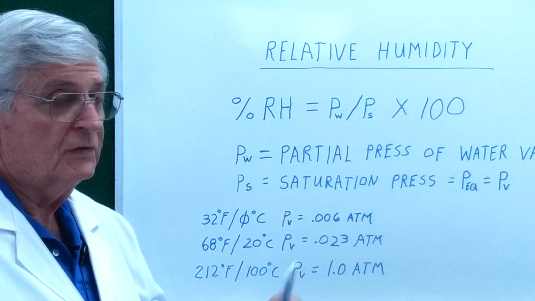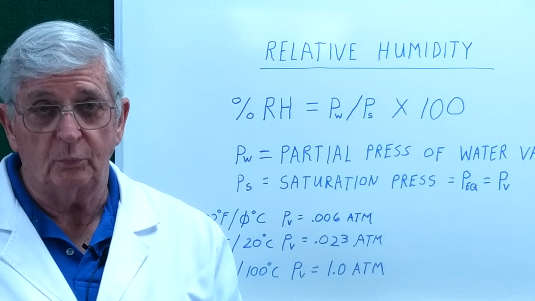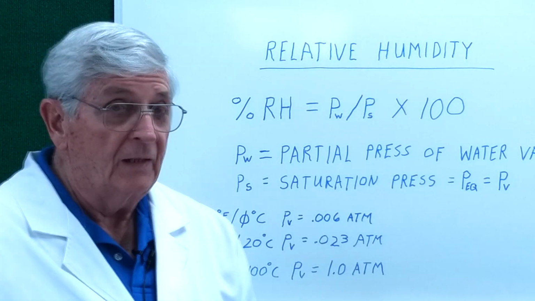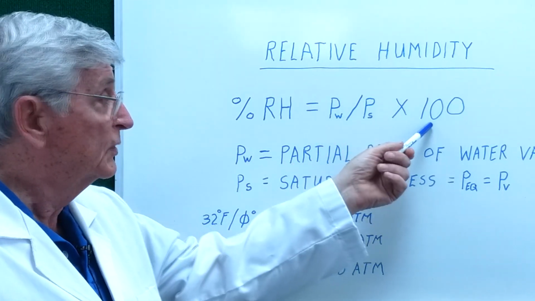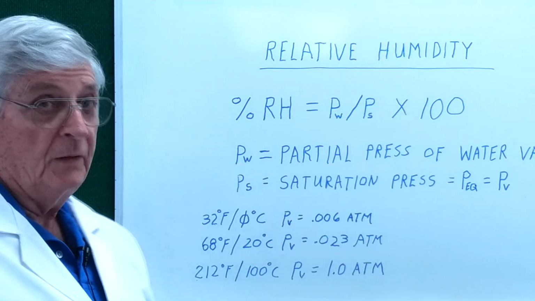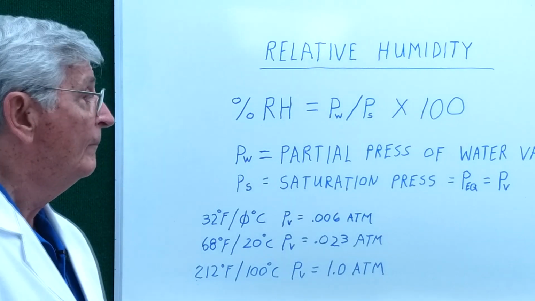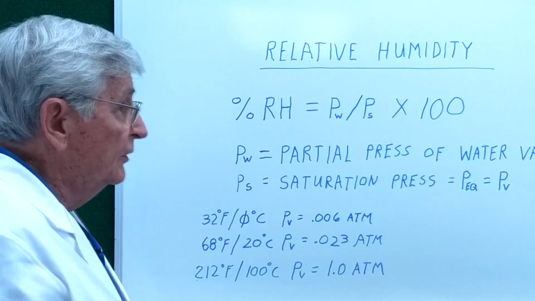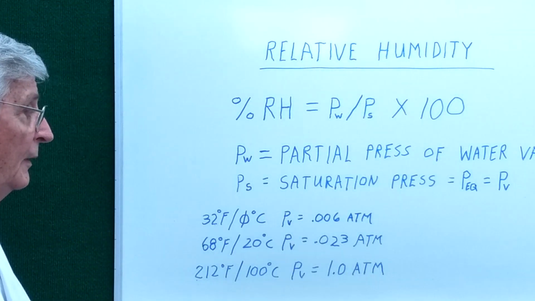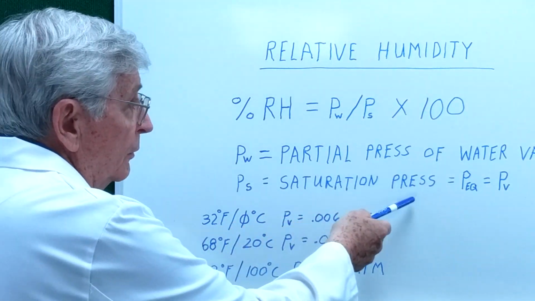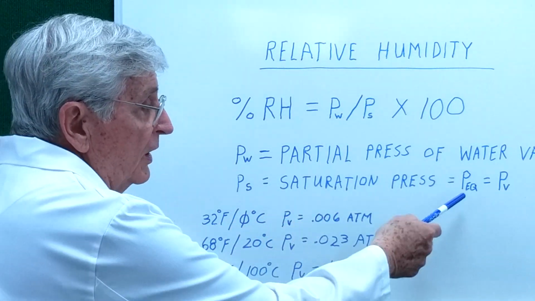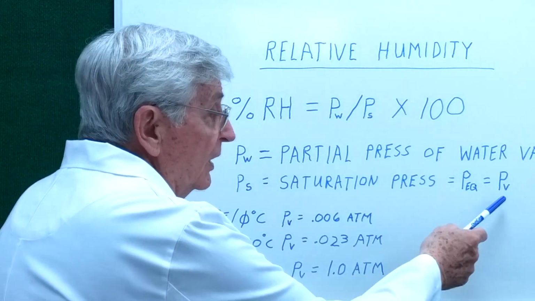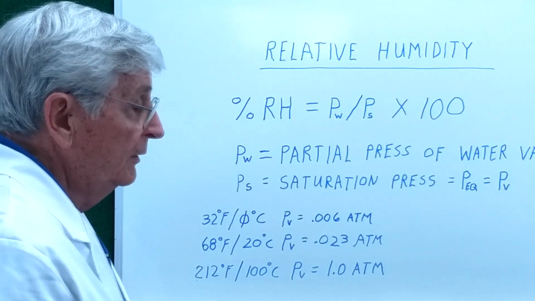P sub S stands for the saturation pressure, and we'll talk about that a little bit, but that ratio times 100 is the percent relative humidity. Once again, P sub W is the partial pressure of the water vapor, and P sub S is the saturation pressure, which is sometimes called the equilibrium pressure and is sometimes called the vapor pressure.